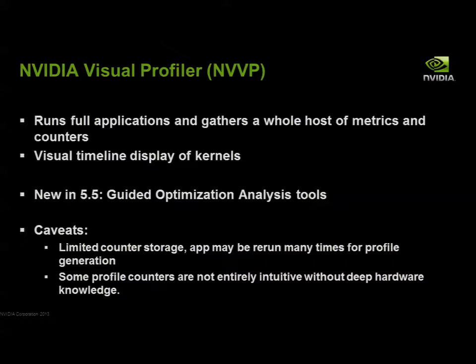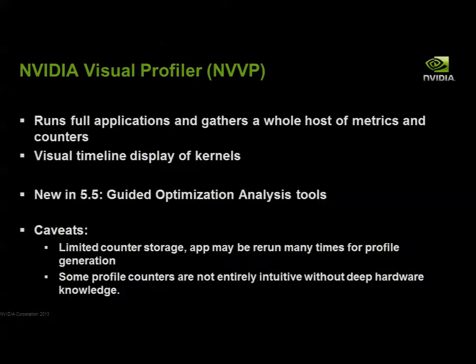NVVP is, I think, also one of the most useful tools that we have in the optimization tool chain, because it can give you a huge amount of very detailed information of what happens inside your kernel. It has this so-called guided optimization analysis, which I think I showed you a bar chart of.